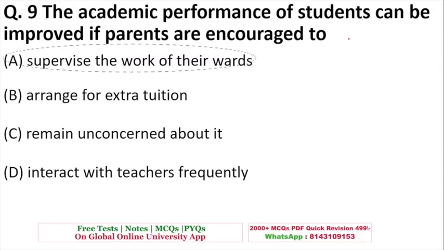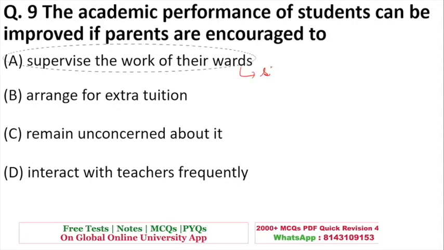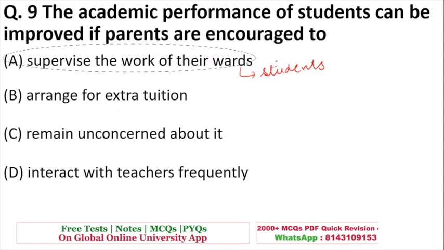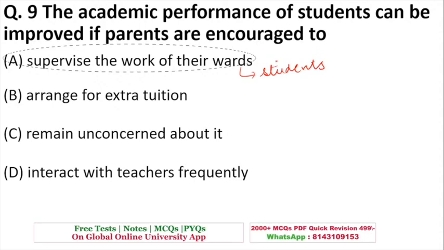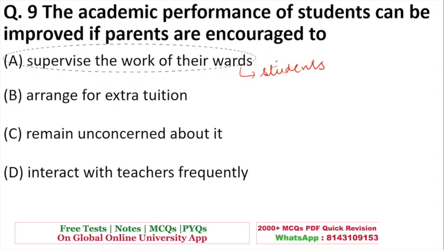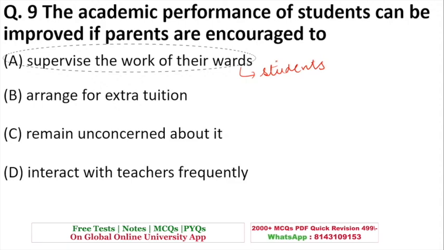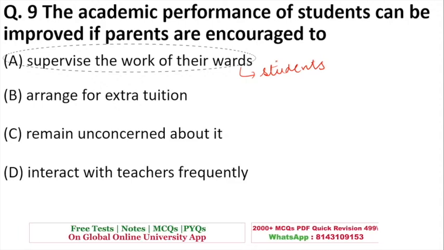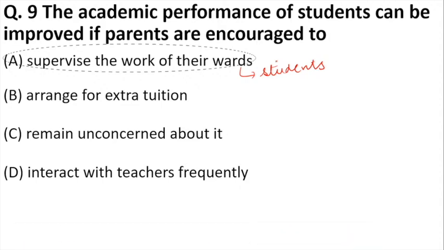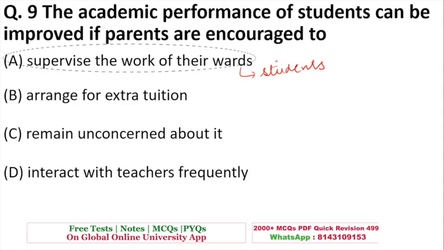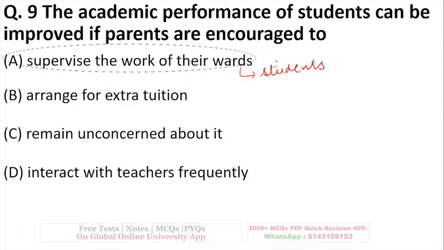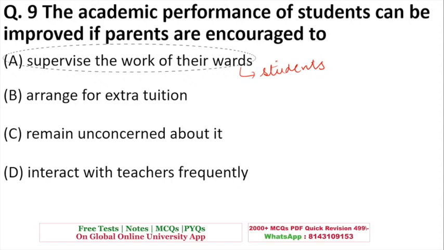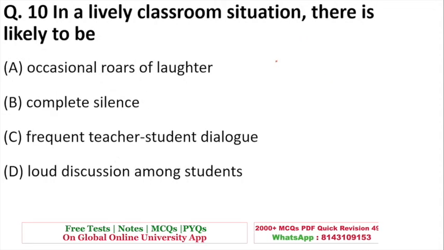Wards means students here. Teachers sometimes give some questions or homework to the students, but students don't do it. So it is the duty of a parent to look into what the topics are being taught and then help them, give them guidance. That is the task of a parent, is the right answer.